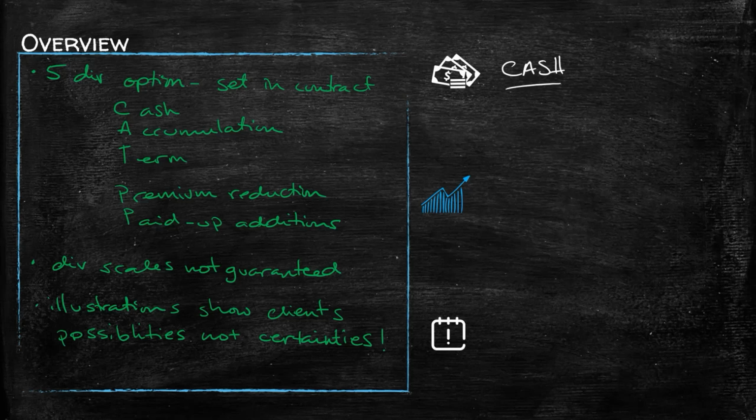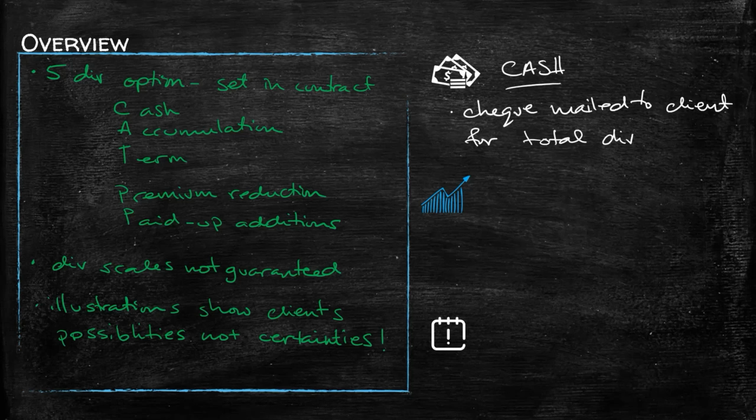The first is cash, and it's super, super easy to understand. Your dividend is issued in a check and mailed or electronically transferred to the client. Whatever the total amount of the dividend is what the client receives. The second is similar to cash accumulation.